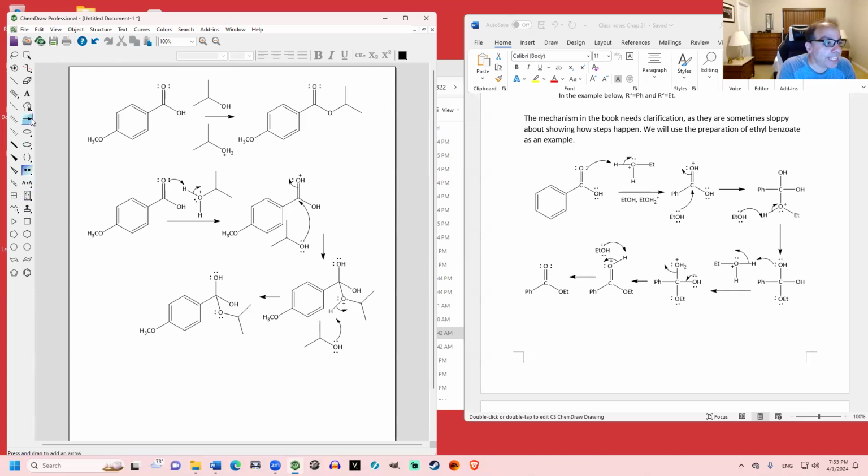But now we protonate that other oxygen because we want to be able to lose water as a leaving group. And so we're going to use this same conjugate acid of the alcohol.